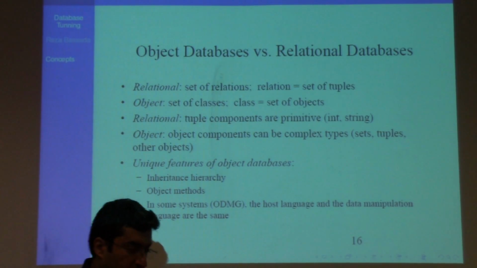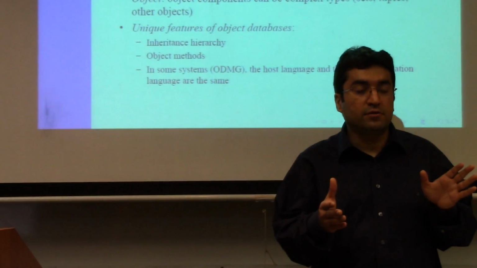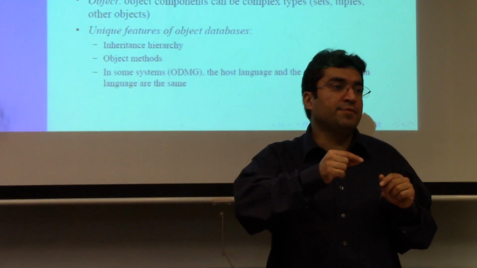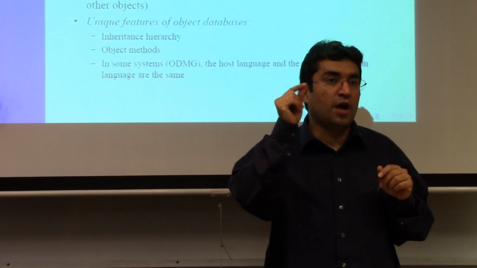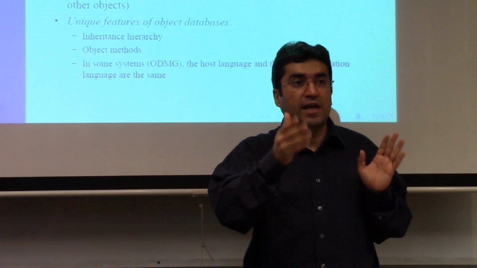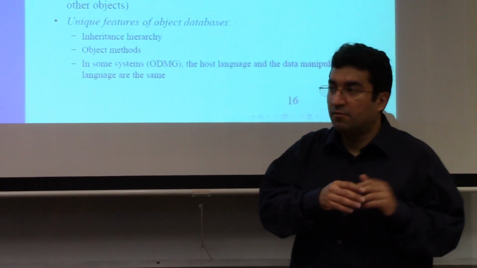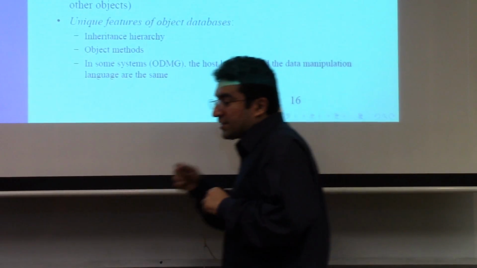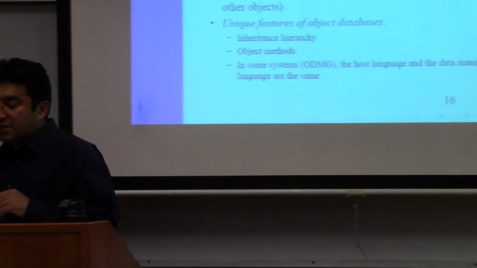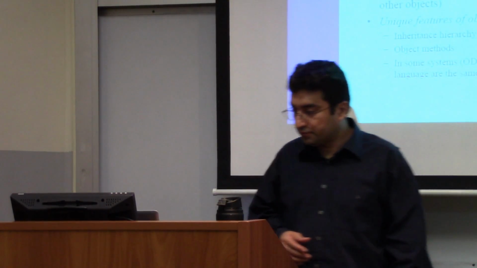It means that when you define a tuple or table in the relational database, each attribute of the tuple should be only primitive data. You cannot have a big object, you cannot have a big table as an attribute of the table. It cannot be nested inside. It's very simple. But in object-oriented, the object components can also be complex objects, like sets or complex types, like sets of objects, sets of tuples, or also other objects.